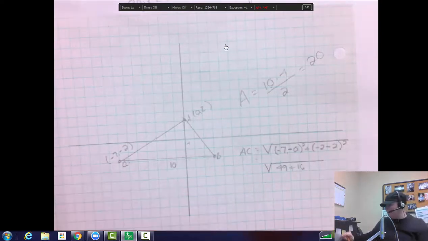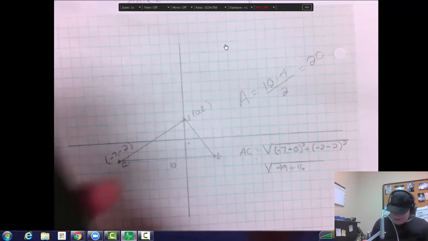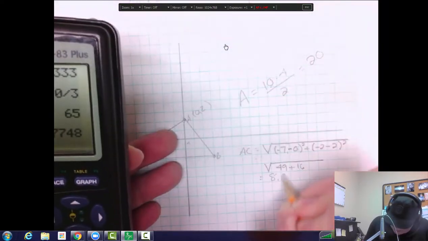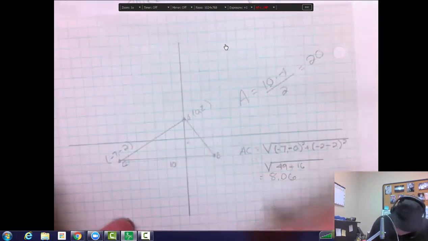So 49 and 16, and then I have to square root those. So 49 plus 16 is 65, and the square root of 65 is a decimal. So this AC is about 8.06.